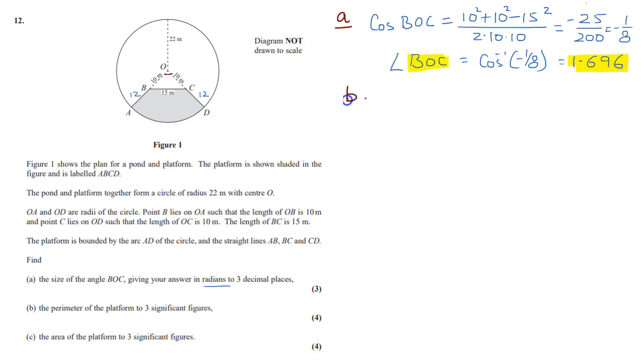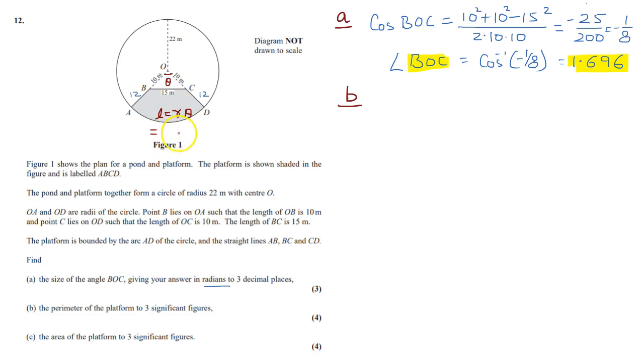Part B: the perimeter of the platform. The perimeter of the platform, this one. This is 12, this is 15, this is 12. What is this? Not a triangle. What we have is, this is theta, this is L. We know L is equal to r theta.